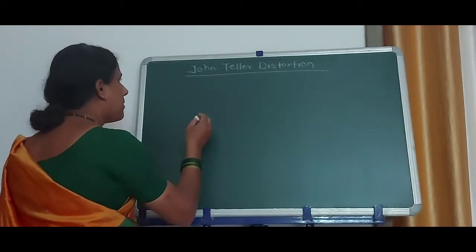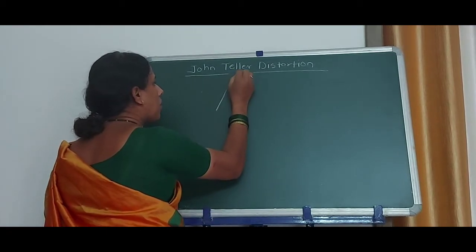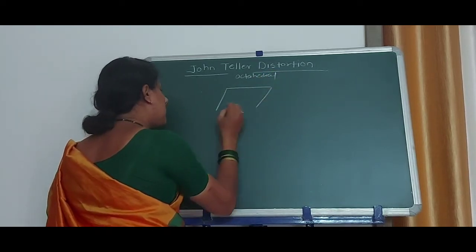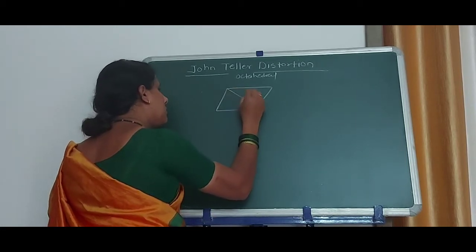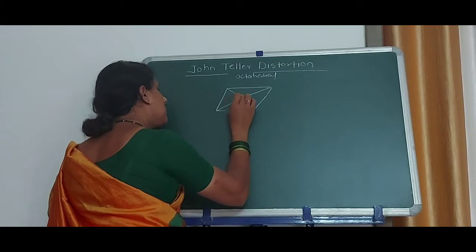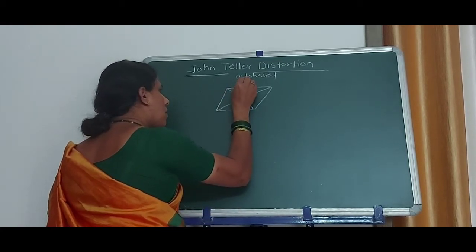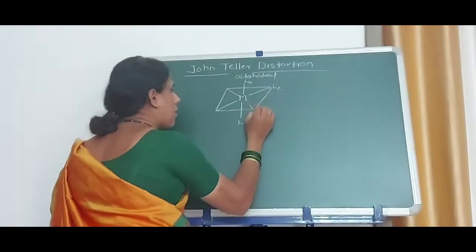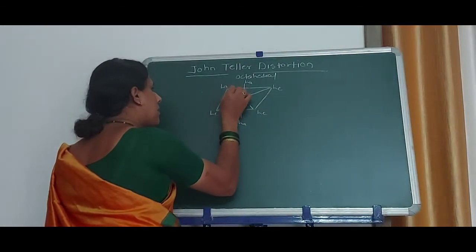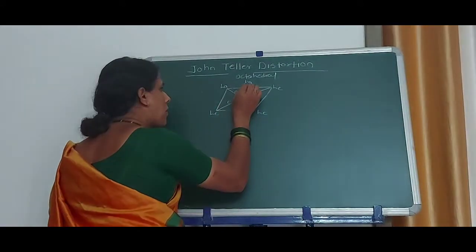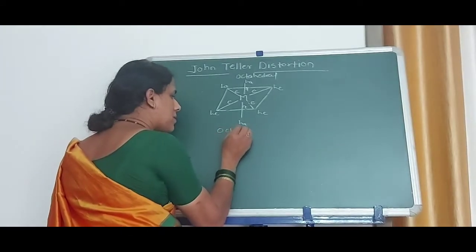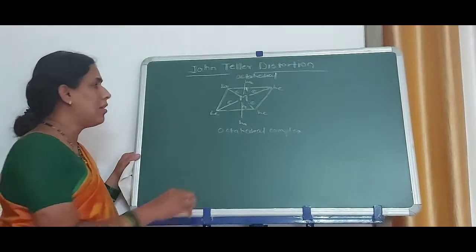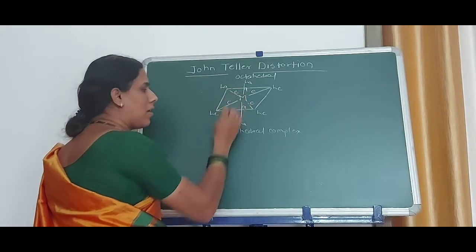This is the octahedral complex. In an octahedral complex, all the bond lengths, that is from the ligands to the central metal ion, are the same.